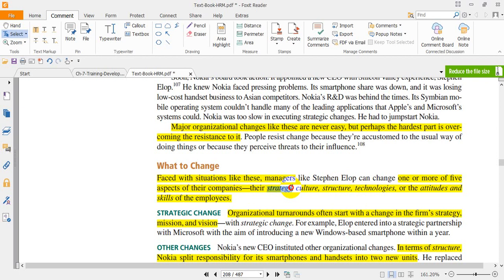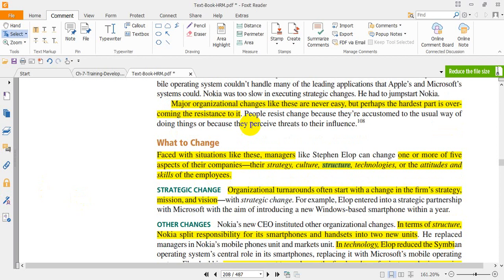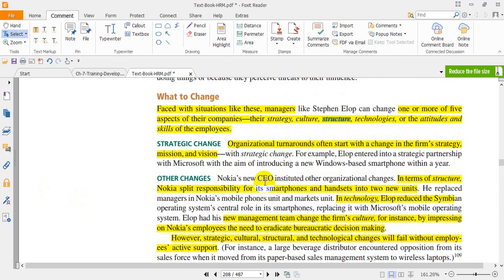What to change? We need to change strategy and or culture, structure, technology, attitudes, and skills of the employees. Strategic change. Organizational turnarounds often start with a change of the firm's strategy, mission, and vision. With strategic change, for example, in the Nokia case, a strategic partnership with Microsoft with the aim of introducing a new Windows-based smartphone within a year.